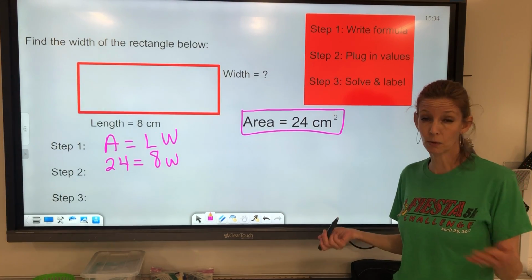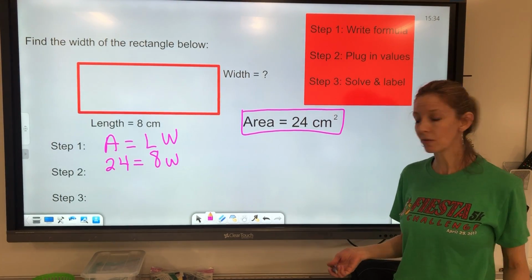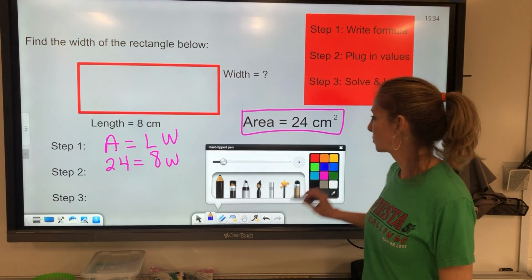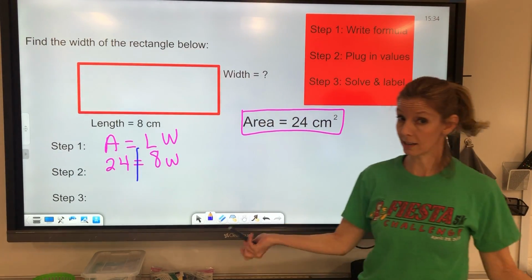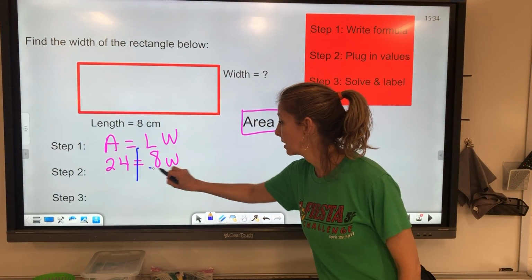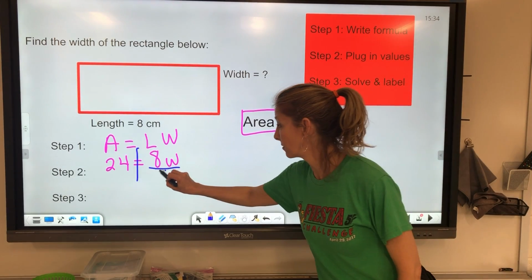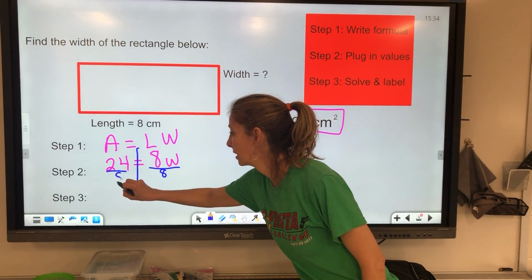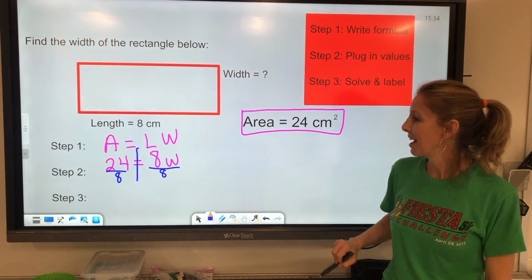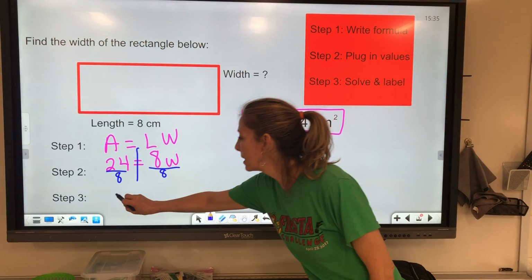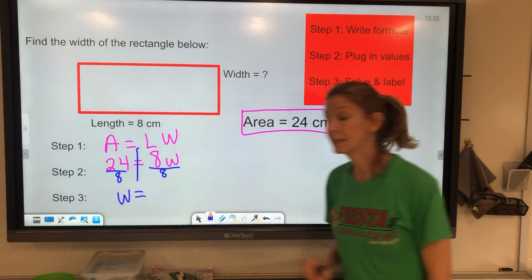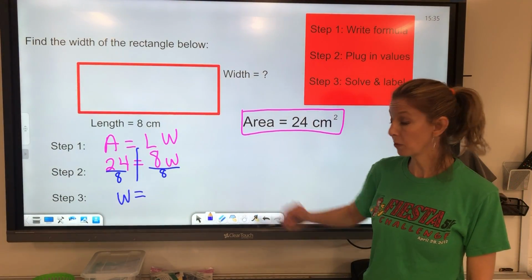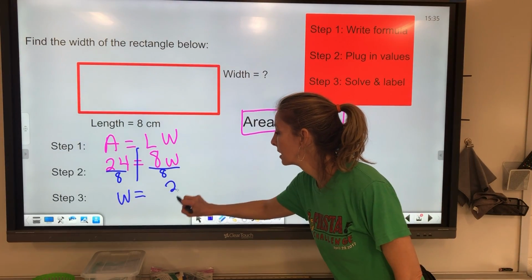W, in this case, of course, stands for width, but it's also your variable. So, draw your handy-dandy line, do the inverse operation, divide by 8 on both sides, right? And we find that our width is equal to what? Well, 24 divided by 8, of course, is 3.